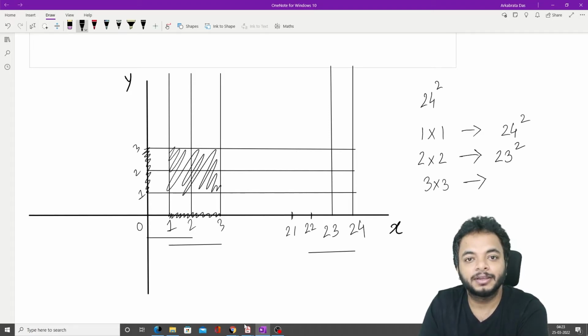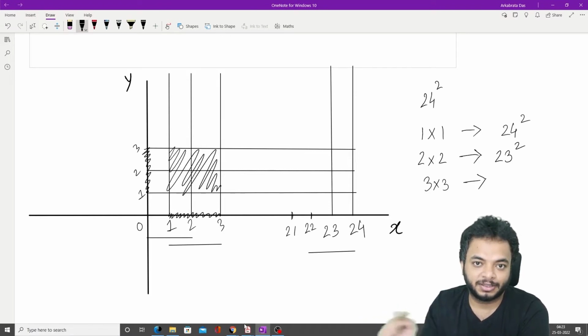Okay, so from 0 to 21, for each number you can start and you can get a side of length 3. So that means you are getting 22 such sides of length 3.